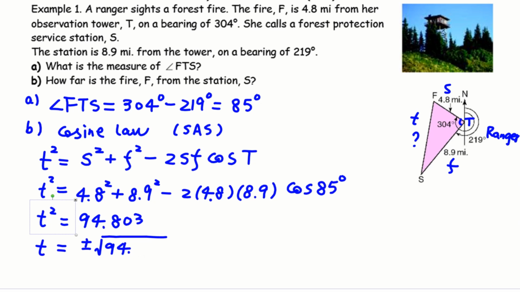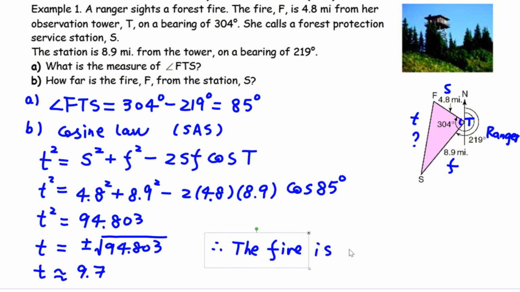Then you square root this, you will have the answer: t is approximately 9.7. Then you write a statement. The fire is 9.7 miles from the station.